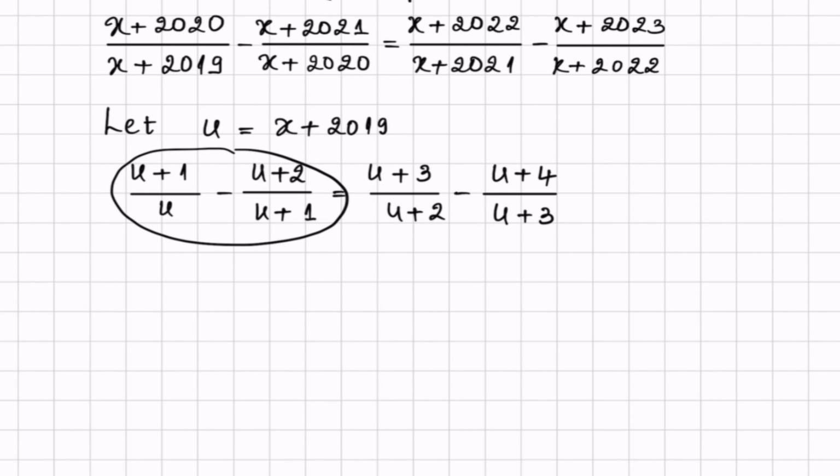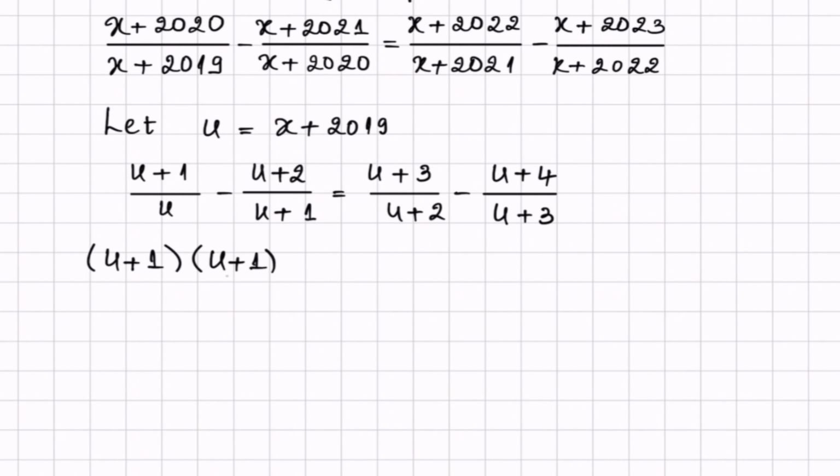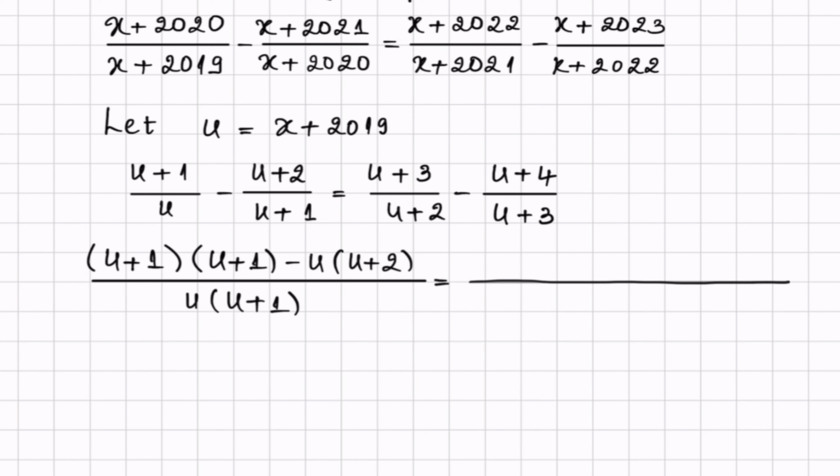we just calculate the first side of the equation and we just calculate the second side of the equation part by part. So we will get (u plus 1) multiplied with (u plus 1) minus u multiplied with (u plus 2), all over u multiplied with (u plus 1), then equal to the second side.